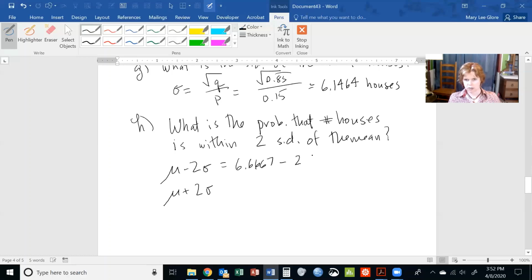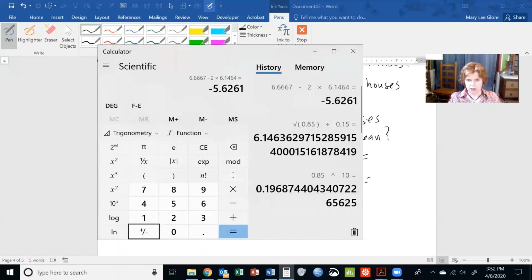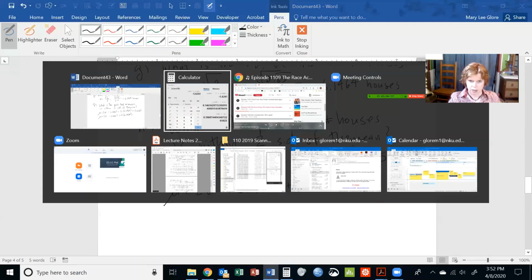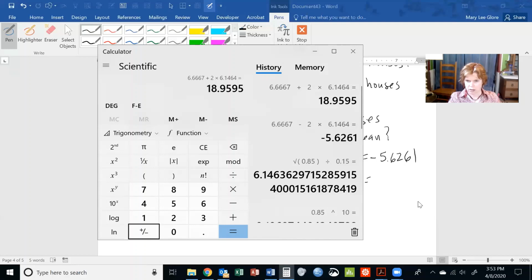Subtracting 2 times 6.1464 gives me negative 5.6261. Adding them, 6.6667 plus 2 times 6.1464 gives me 18.9595.